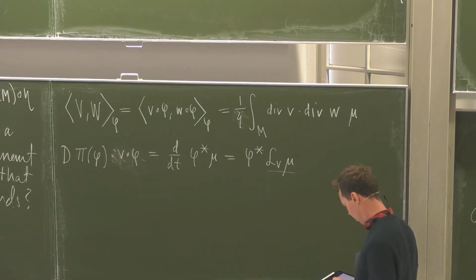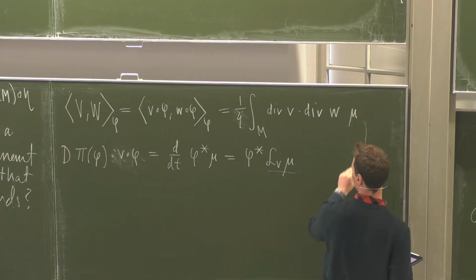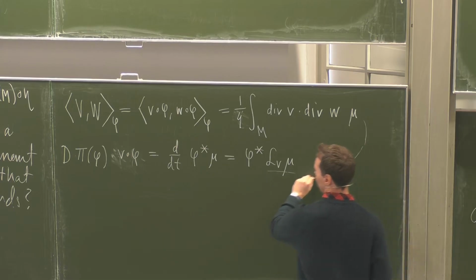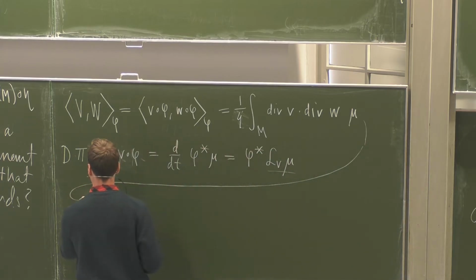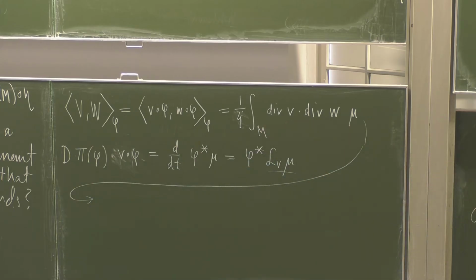So, yeah, let me actually take this formula here and write it in terms of Lie derivatives. We write it slightly differently. This is the divergence with respect to mu. So I can write this as what? 1/4. The 1/4, okay, I will explain.